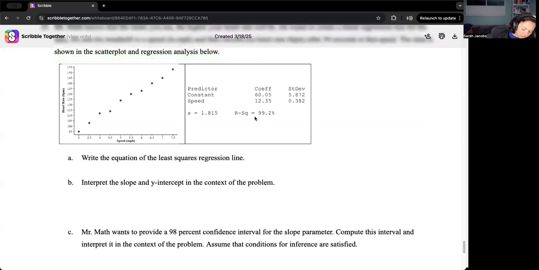Write the equation of the least squares regression line. Y hat is equal to 60.05. That's our constant. So it does not have the x, plus 12.35x. We're going to say y is the BPM and x is the walking speed.